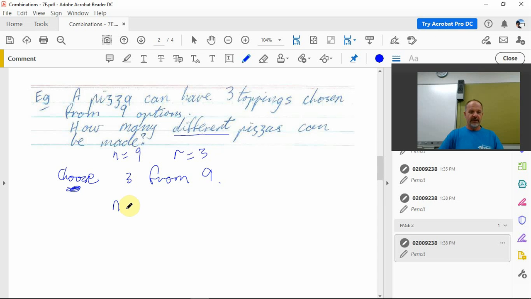All right, so nCr is n factorial over n minus r factorial times r factorial. Ooh, that's not a factorial sign. Factorial.